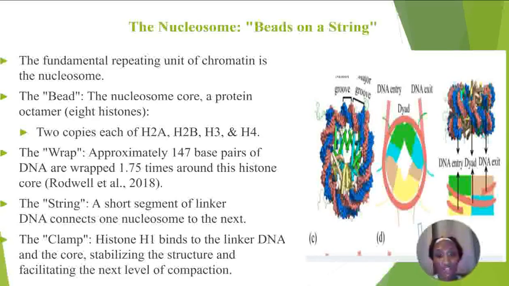The wrap has 147 base pairs of DNA, which is 1.75 times around the histone core. The string is a short segment of linker DNA that connects one nucleosome to the next. And the clamp, histone H1, binds to the linker DNA and the core, which stabilizes the structure and facilitates the next level of compaction.